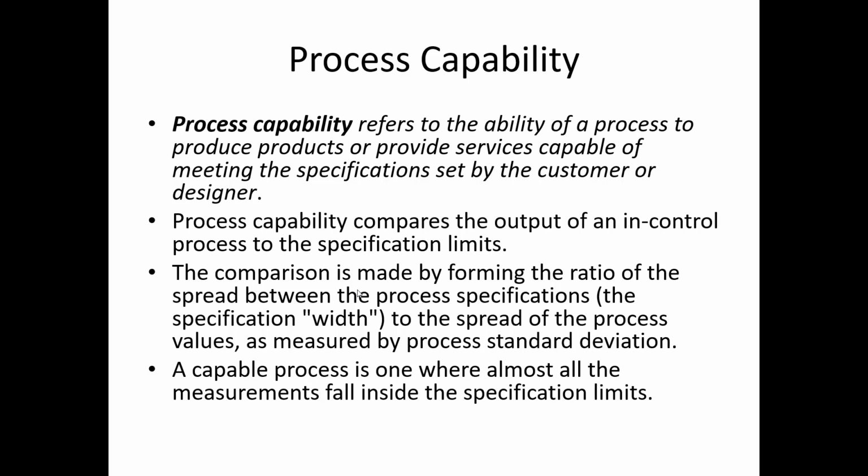If the standard deviation value is low, this is a good sign, it means the process will be capable. If the distance from the mean is very high, then it will be a little bit risky. A capable process is one where almost all measurements fall inside the specification limit.